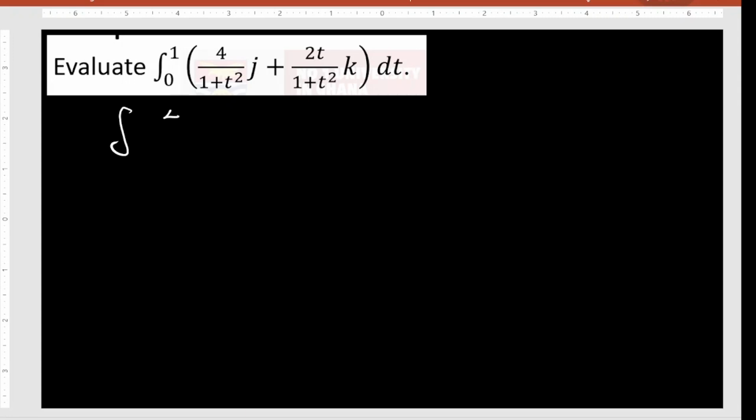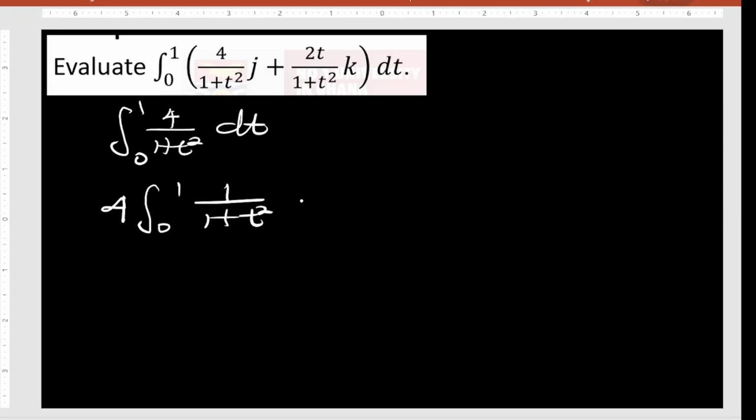That will be 4 over 1 plus t squared with respect to t from a lower limit of 0 to an upper limit of 1. We can take the constant outside the integral sign, and we are left with 1 over 1 plus t squared dt.